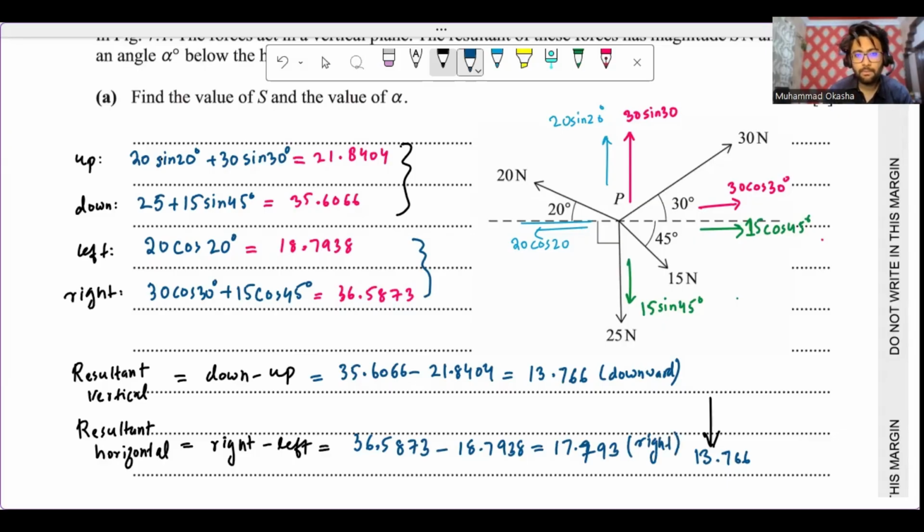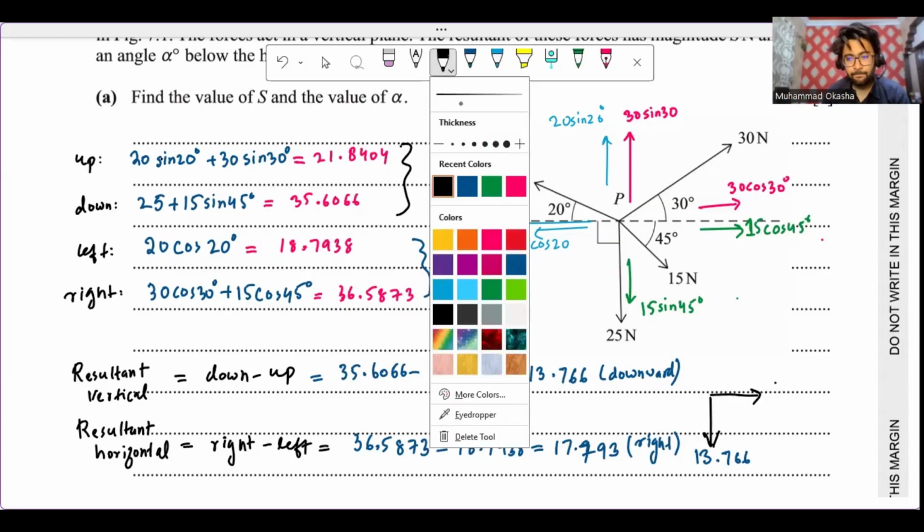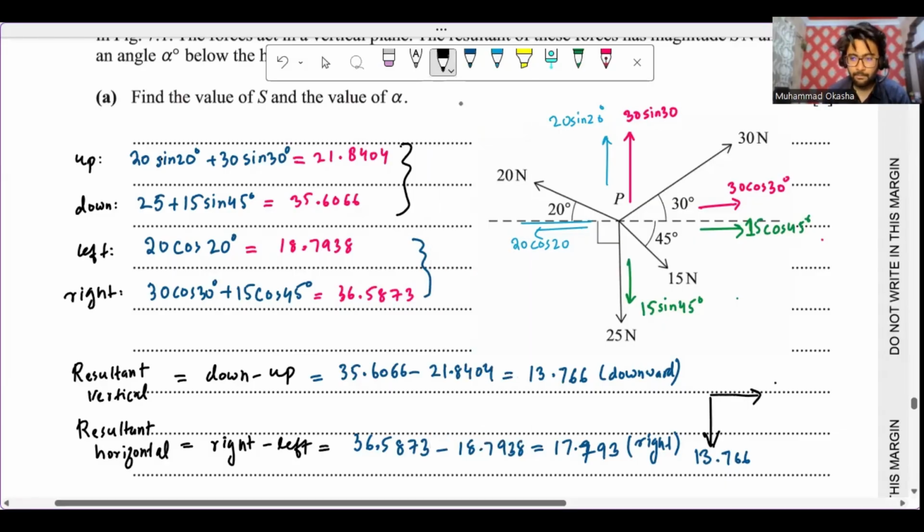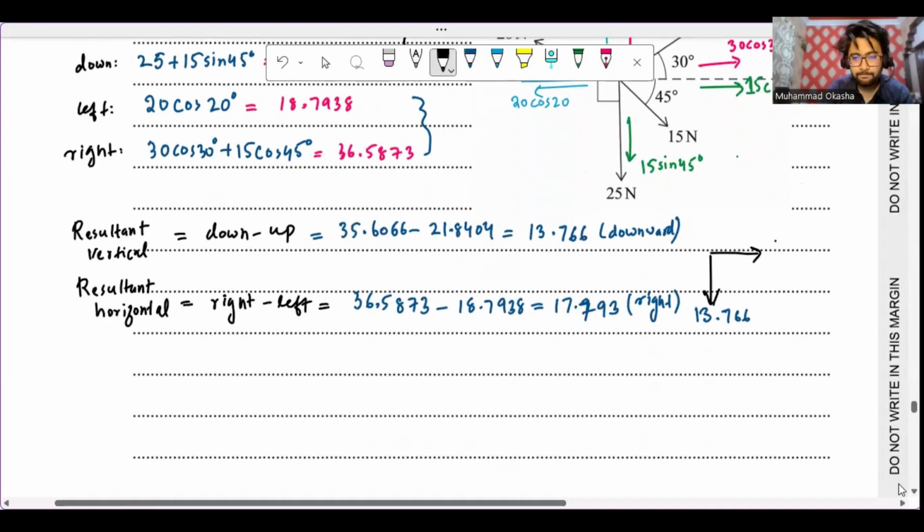So I'm going to draw it like this. Okay, let me draw the resultants down here. This tests my patience every time.